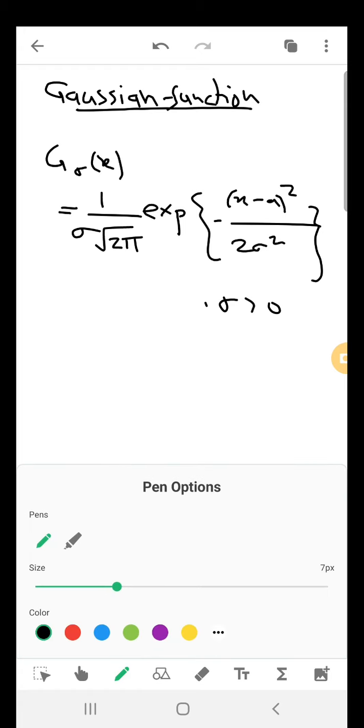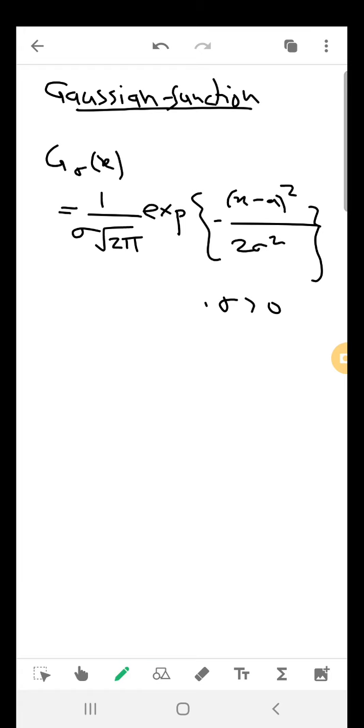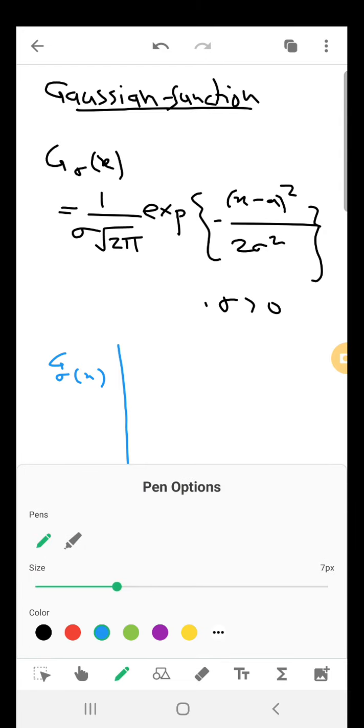And if you plot this Gaussian function with respect to x, it takes the value like this.